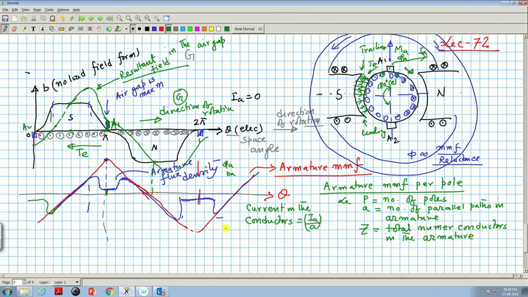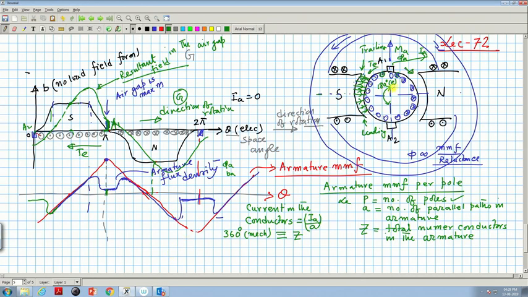Now, you see these calculations are simple algebraic calculations, but follow me carefully. Over 360 degree mechanical, there are Z number of conductors present. If it is a P polar machine, that is uniformly distributed, whatever it is.